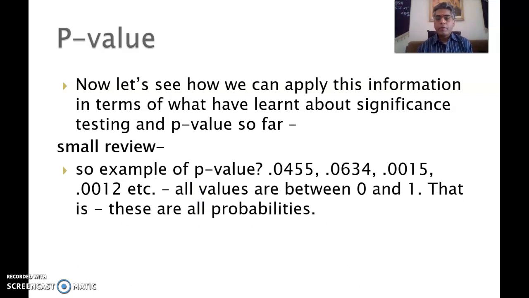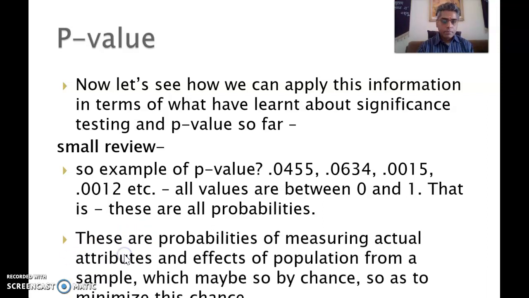So examples of p-value are, as we talked about in the question, 0.045, 0.0634, or 0.0015, etc. And all the values, as you can see, are between 0 and 1. This is so because these are all probabilities, and probabilities are measured in fractions, right?